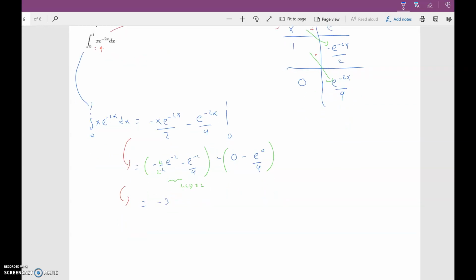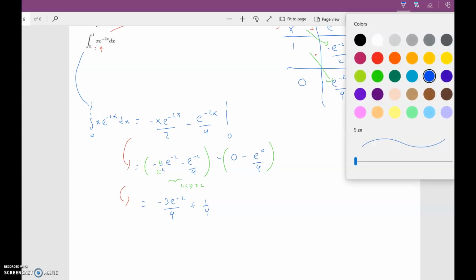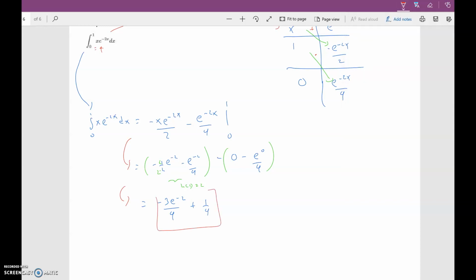So negative 3 e to the negative 2 divided by 4. And then minus and minus is going to give us a plus. This one should be 1/4. This is our exact answer.